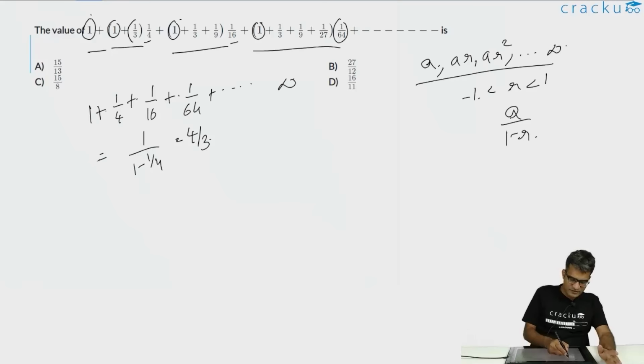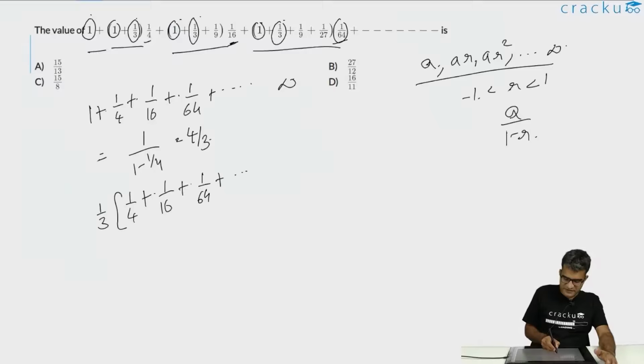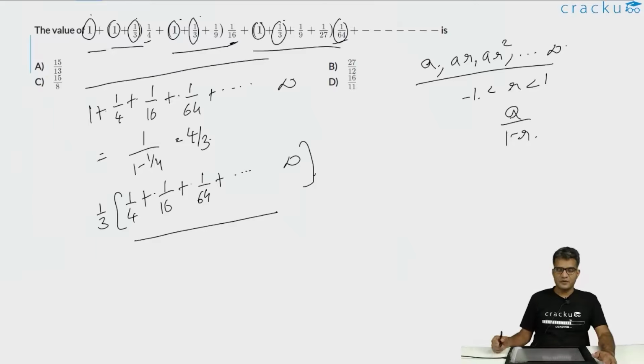Let us now look at the contribution of 1 by 3 in all the brackets. That will be this 1 by 3 into 1 by 4, plus this 1 by 3 has to be multiplied by 1 by 16, plus this 1 by 3 has to be multiplied by 1 by 64, and so on till infinity. This and this differ by a factor of 4. What do I mean by that?